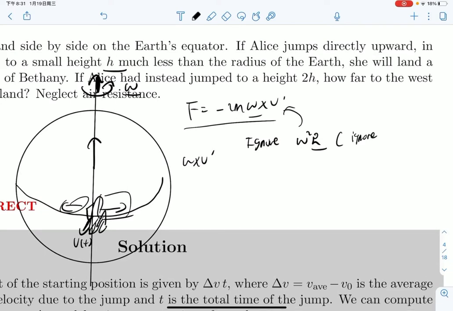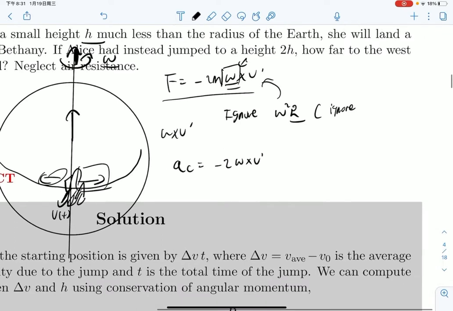And this omega is also very small. So we have the Coriolis acceleration equal to negative 2 omega cross v prime, where v prime is the relative velocity in the frame of Earth.